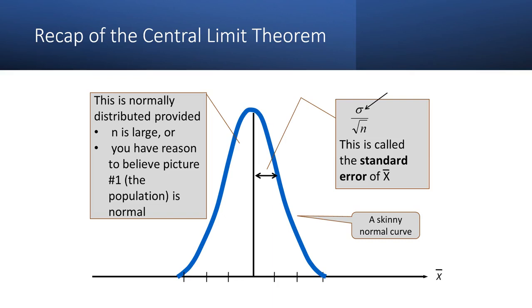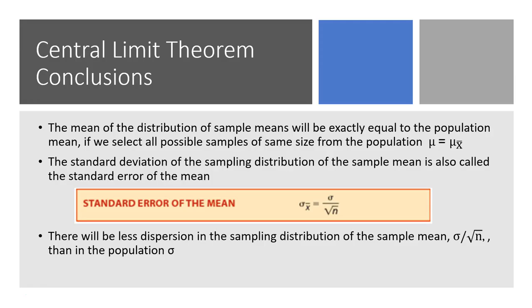Remember, when you're looking at the distribution of a sample mean, the standard deviation will be the standard deviation of the population from which you're sampling divided by the square root of the sample size, and it's also called the standard error of the mean. So even if we don't select all samples, we can expect the mean of the distribution of the sample means to be close to our population mean.